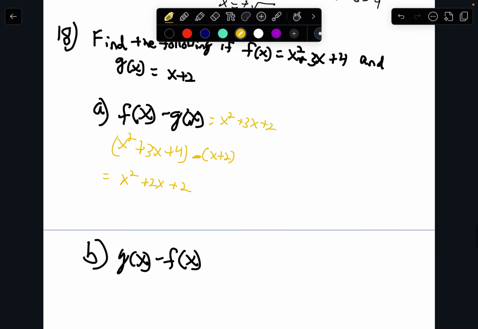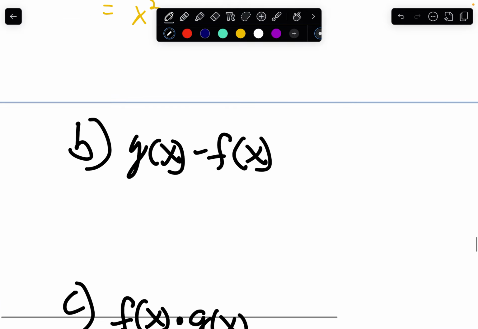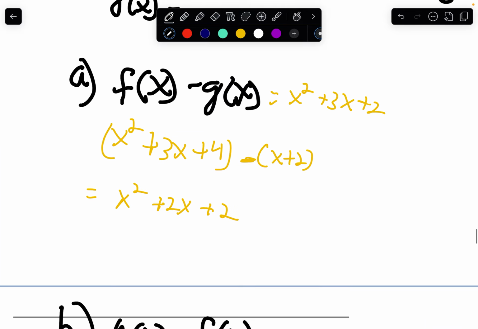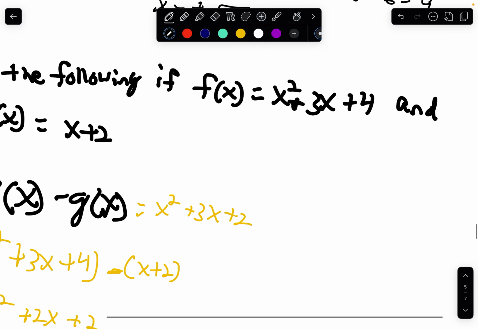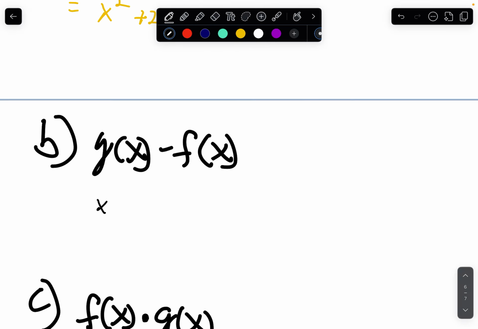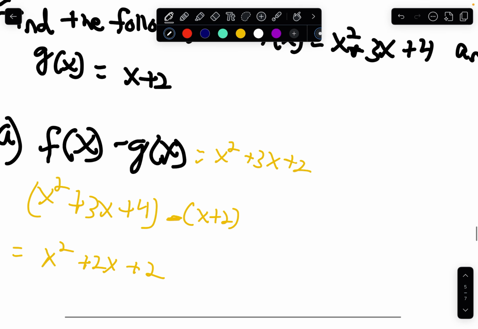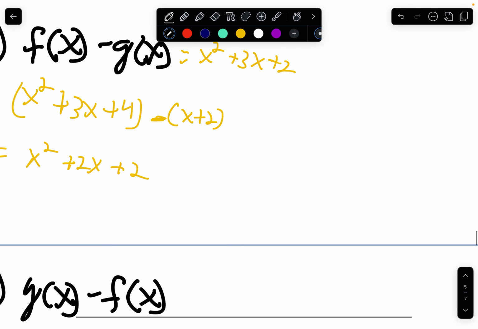Pretty straightforward. Now, notice they switched the order. Now it's g minus f. So that's again going to be g, which is x plus 2, minus f of x, which is that x squared plus 3x plus 4.